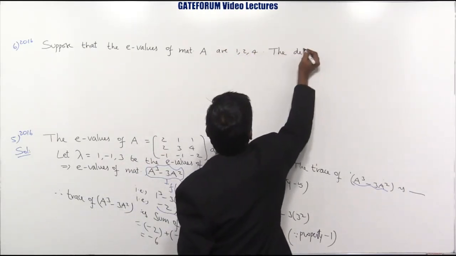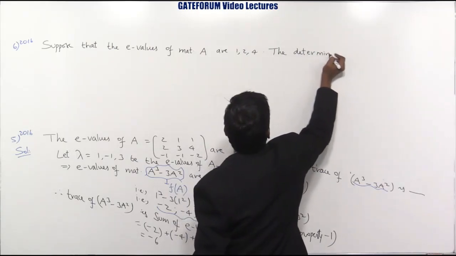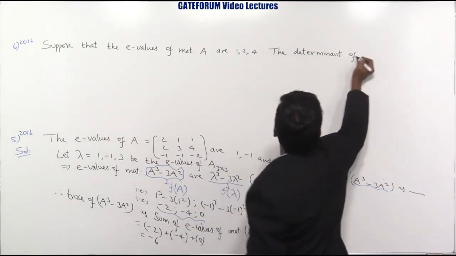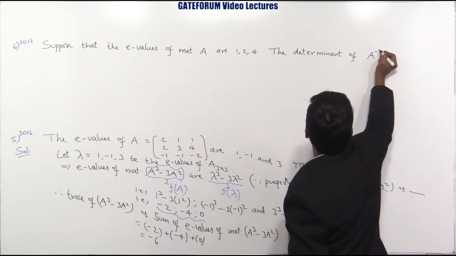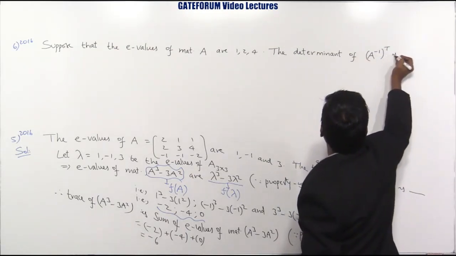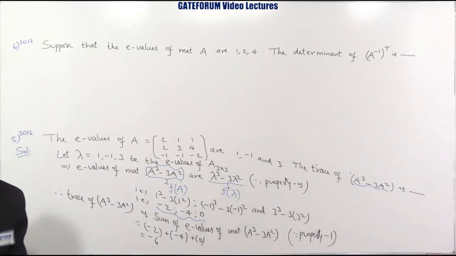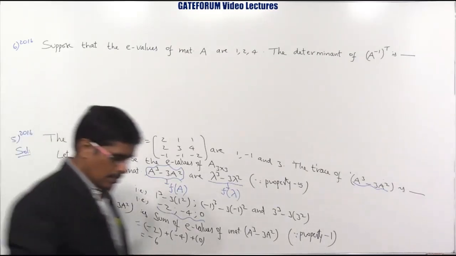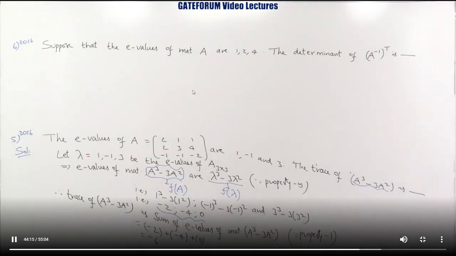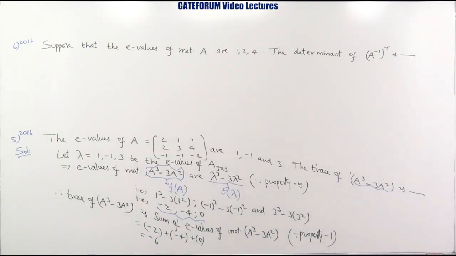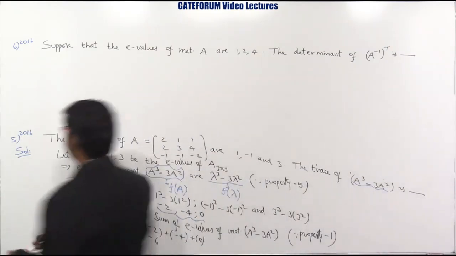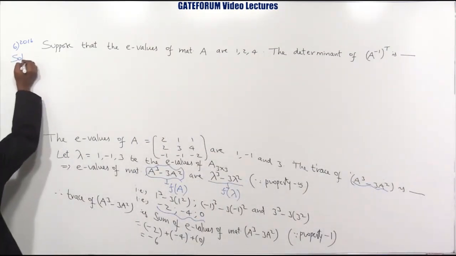The determinant of (A inverse) transpose is dash. Solution.